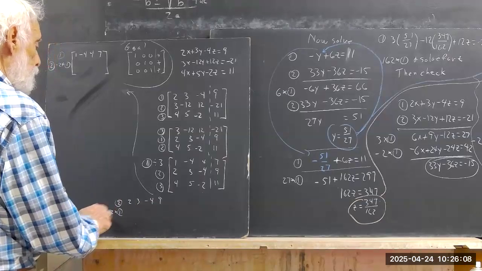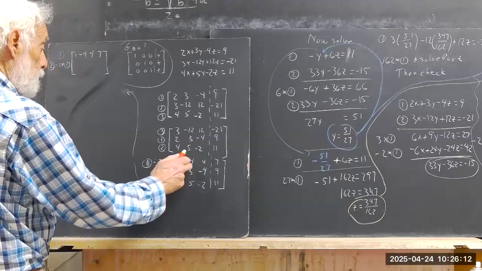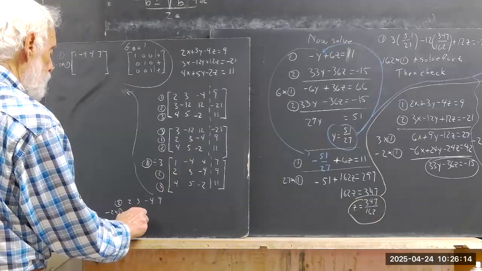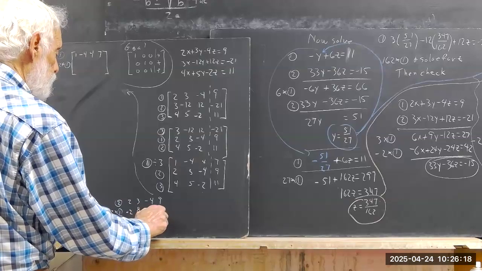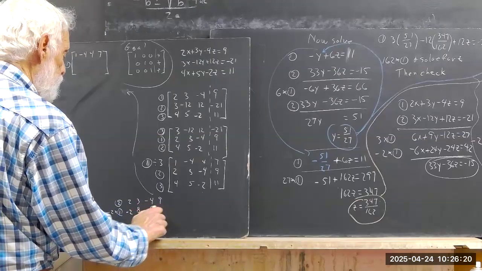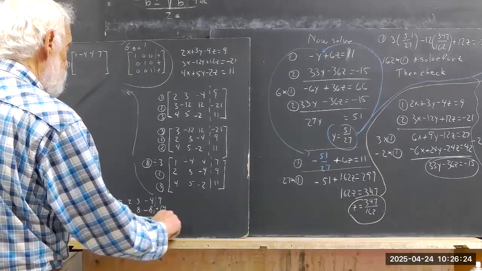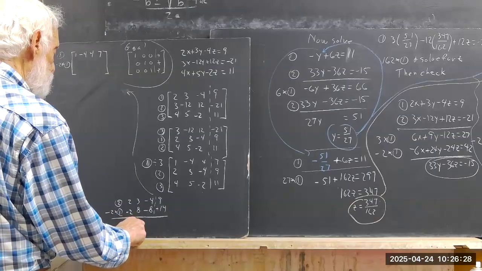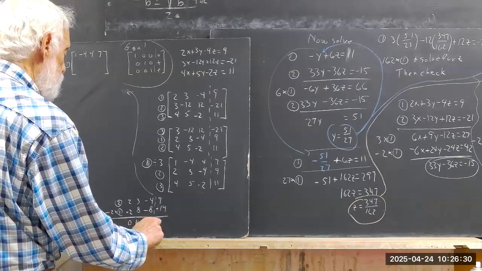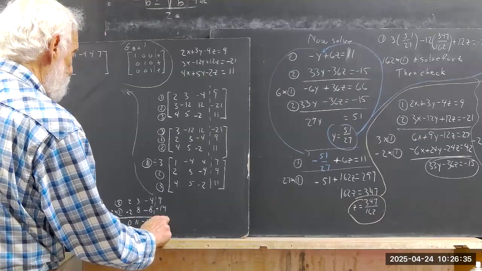Row 1 multiplied by -2 is going to give me -2, 8, -8, and let's go down 14, -14, which adds up to 0, 11, -12, -15.